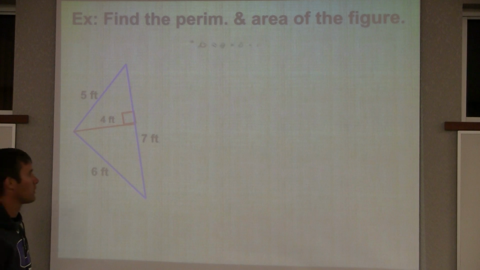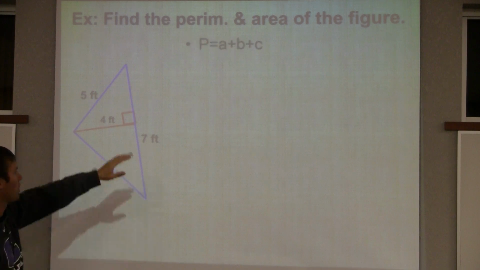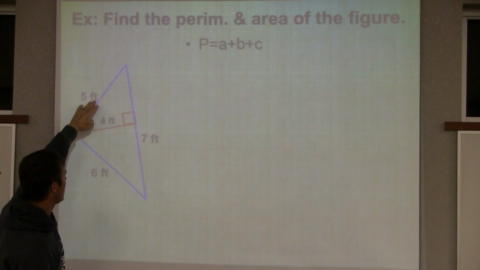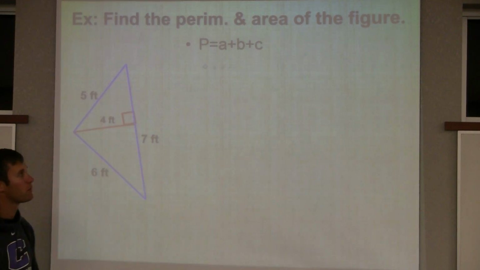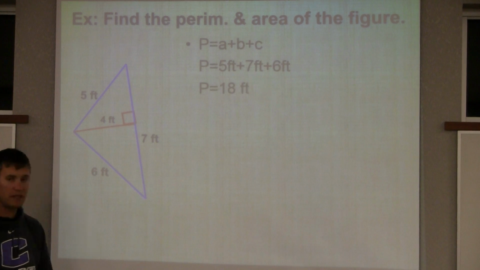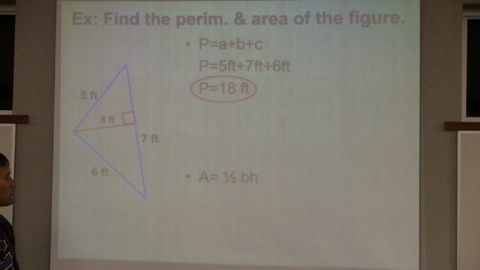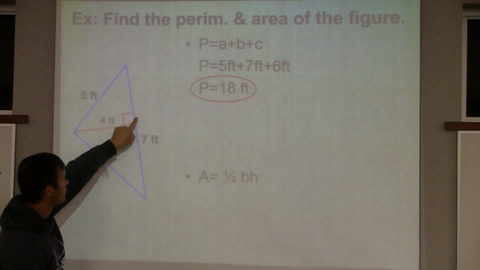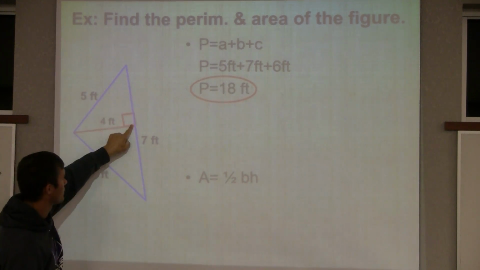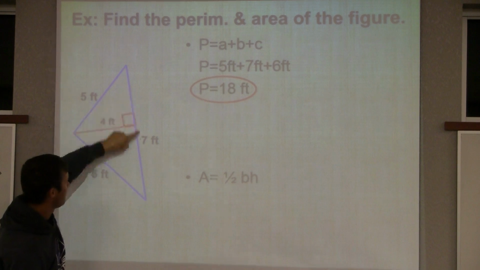Then we go to a triangle. We want to find perimeter, so we add up all the sides. 5 plus 6 plus 7 is 18 feet. And then to find the area, we have a right angle. So this is going to be my height. This is going to be my base.